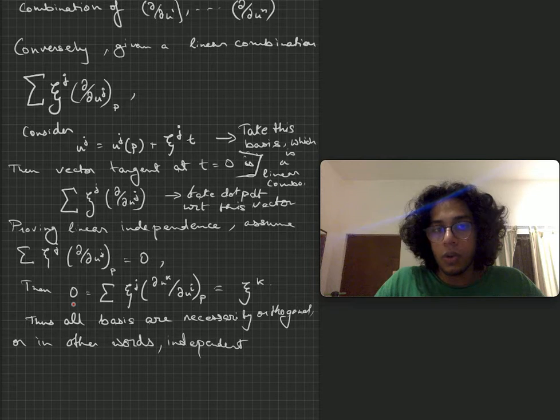So 0. You need to do a couple of steps here, but basically when you take the differentiation of uk with respect to ui at p, this whole thing is 0.